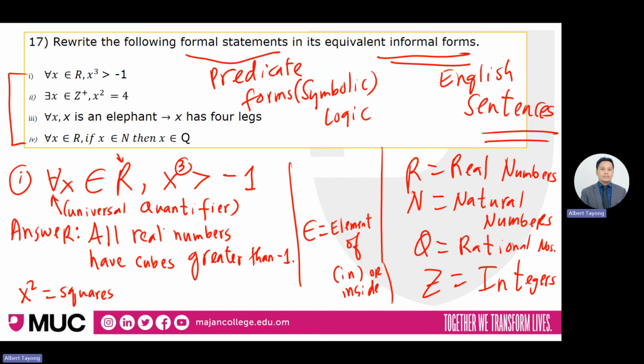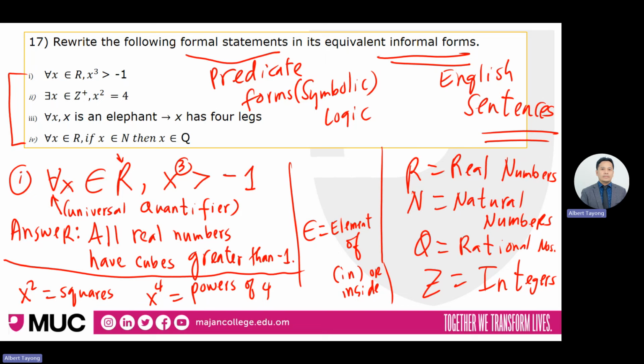For greater than 3, like x to the 4th, x to the 5th, you just say powers of. If it was x to the 10th, you say powers of 10. If x is raised to the power of 20, powers of 20. Okay, so this is the answer.